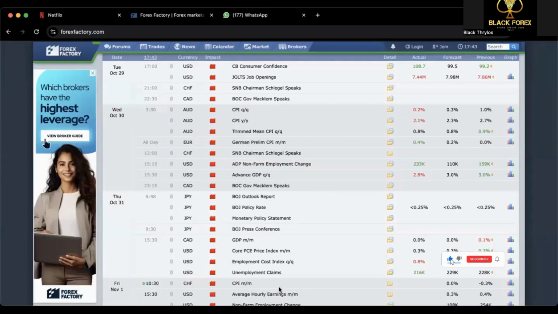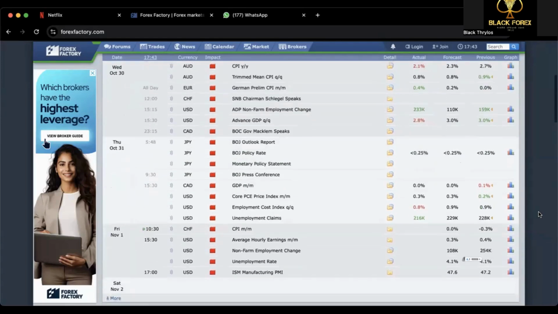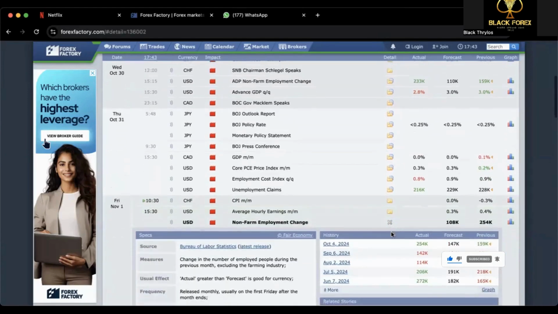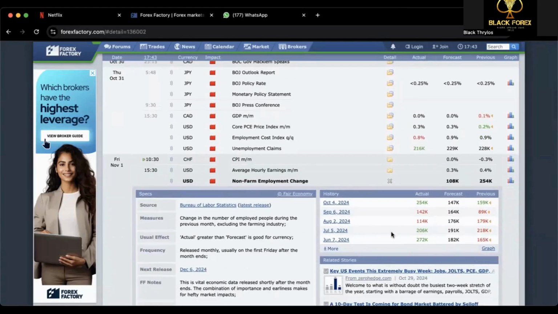Now, we're going to start with what's non-farm payroll, right? So the non-farm payroll, here it is. It's going to be tomorrow. Non-farm payroll is the change in the number of employed people during the previous month, excluding the farming industry, right?